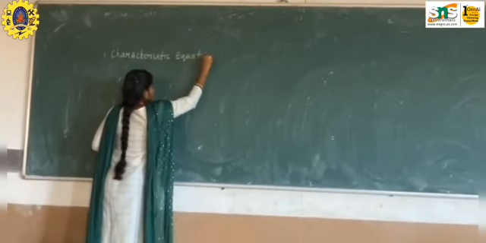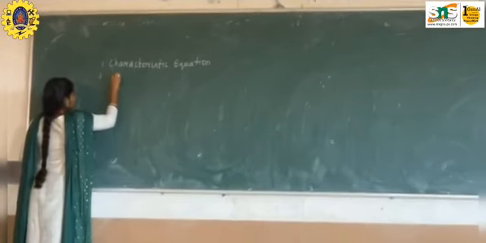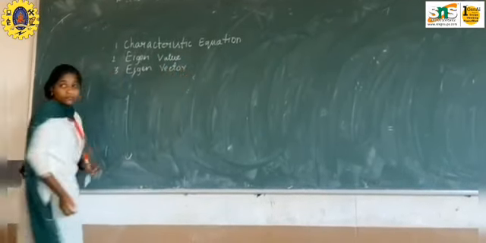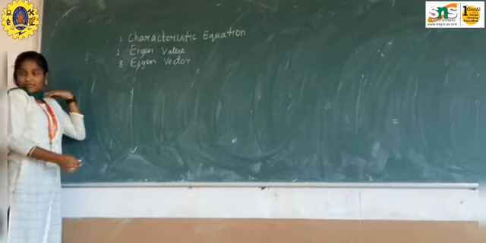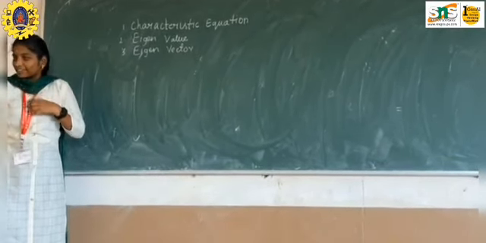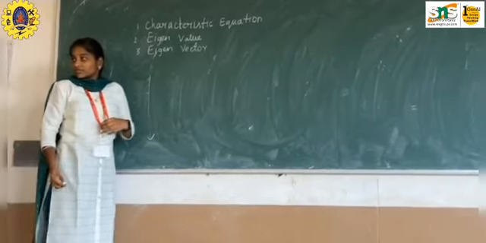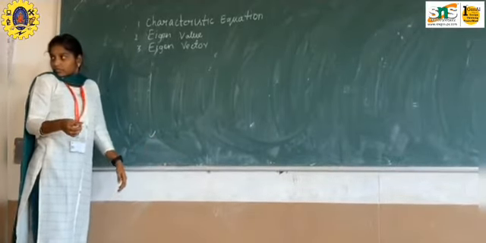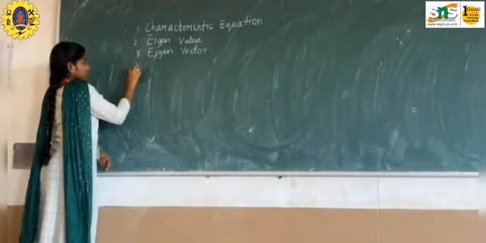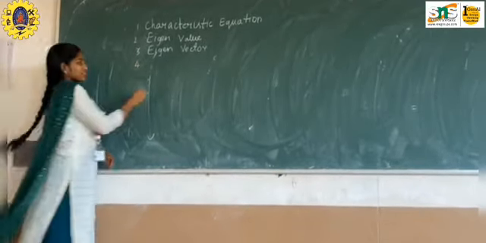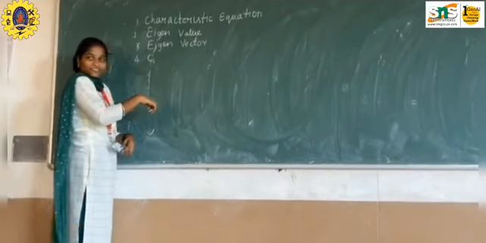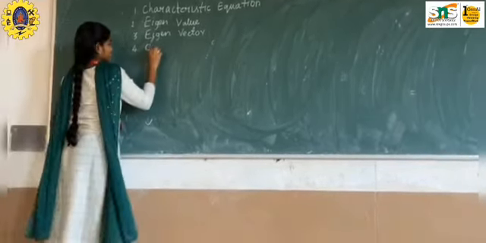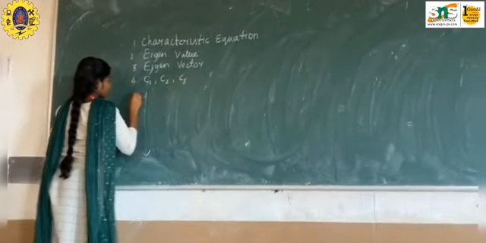So the first one is characteristic equation. Write all the familiar words. C1, C2.